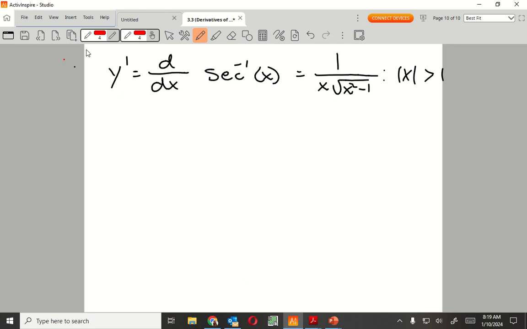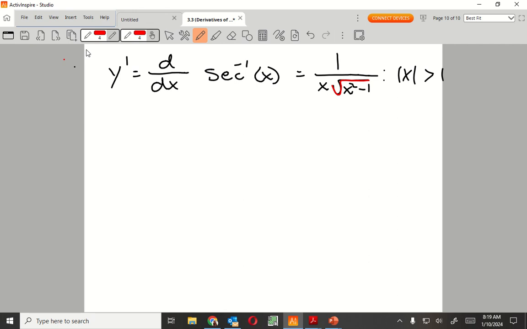But if it was less than 1, what would I have right here? Because of this thing right here, can I have negatives inside there? No, you cannot have a square root of a negative number. Those are imaginary. Those are i values. So imaginary numbers.